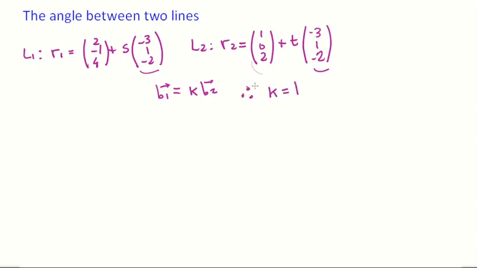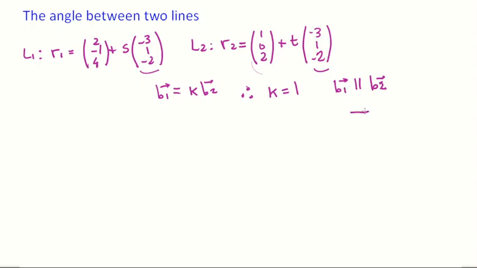This is actually true, but k is 1. Doesn't matter. The whole point here is, if this is true, it means that they are parallel. So we can say B1 and B2 are parallel, so we can draw two bars like this. This means that they are parallel.